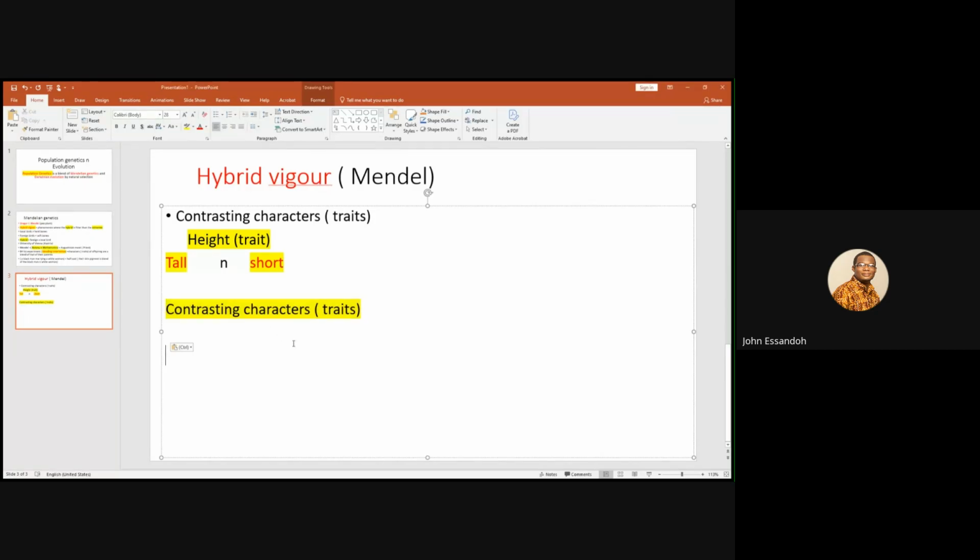Okay, so here what happens is that I'm going to take contrasting traits.